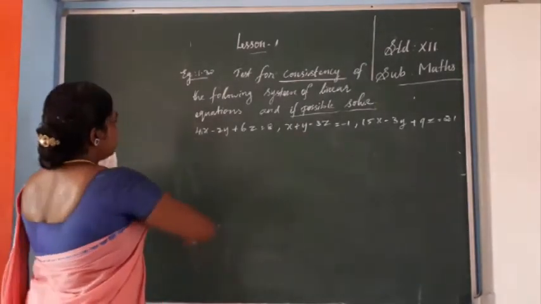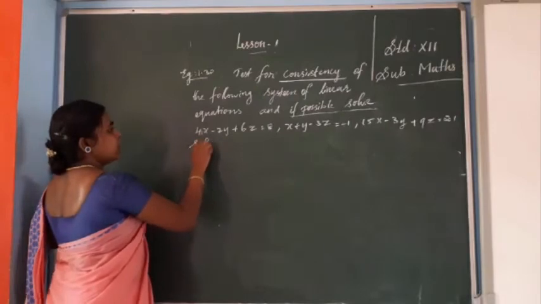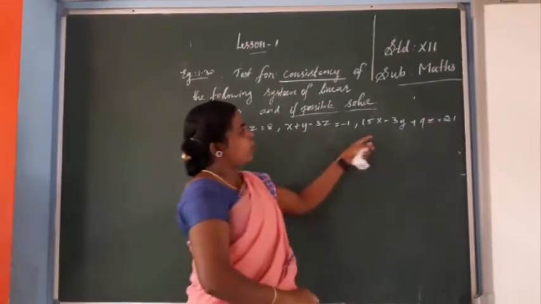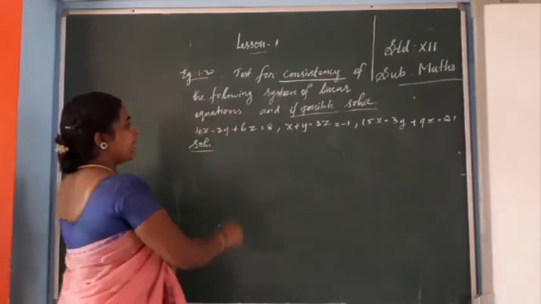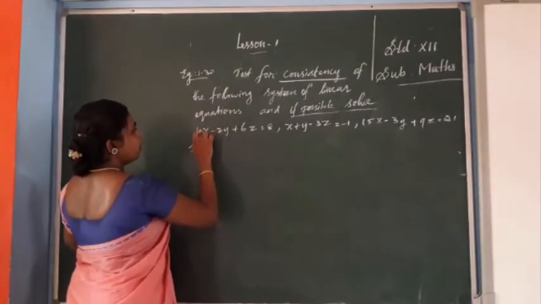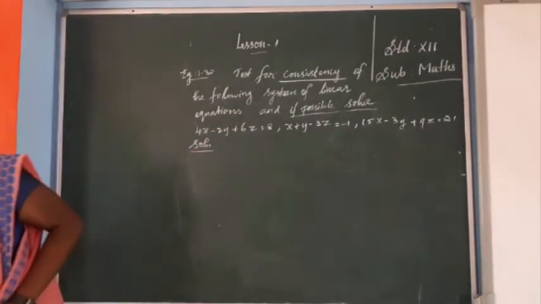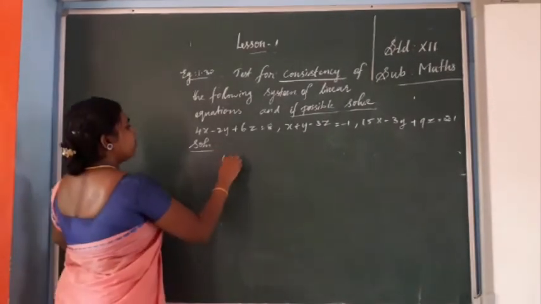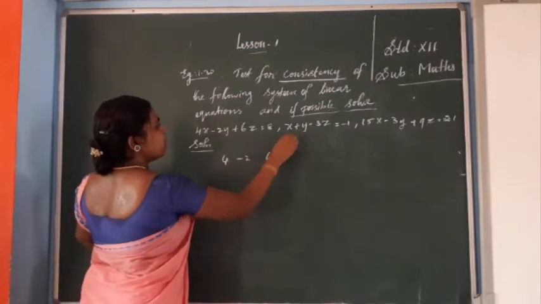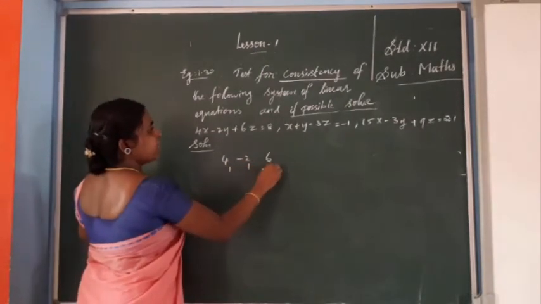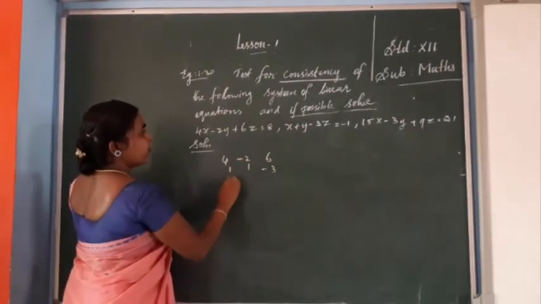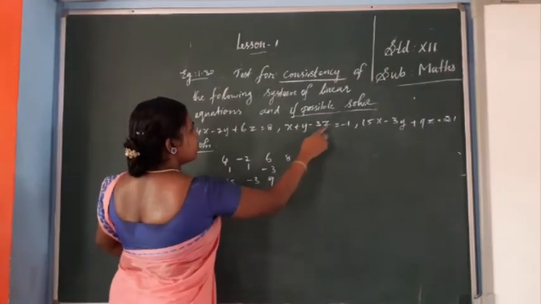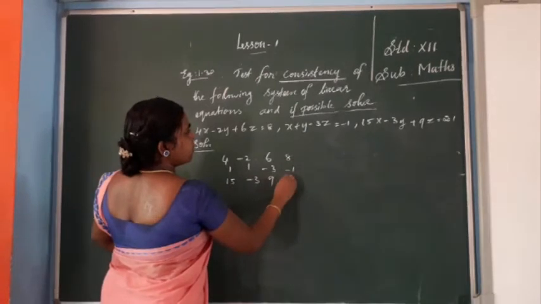Okay, shall we see? So first, like last time, you see the constant term. If it is on the right hand side, no adjustment is needed, so we can write directly. So A is 4, minus 2, 6. Next one, 1, 1, minus 3. Last one, 15, minus 3, 9. Constant term B is 8, minus 1, 21.